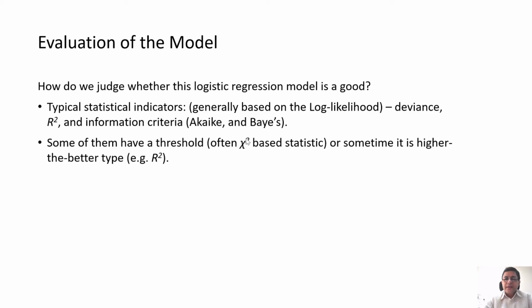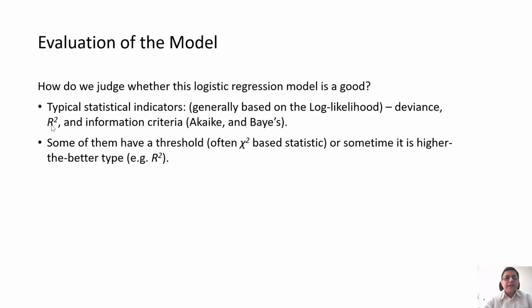Other indicators may be of the higher the better type, for example, R squared. For R squared we never have any statistical test. We say larger the better, right? That's what we saw in our MLR also. What was the criteria for R squared to be acceptable? We say as large as possible.